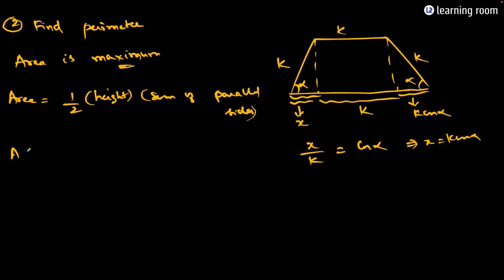Now tell me what is going to be the area. Half into height, which is k sin alpha, into sum of the parallel sides, that is going to be k plus 2k times cos alpha. Now if I observe, area is a function of whom?